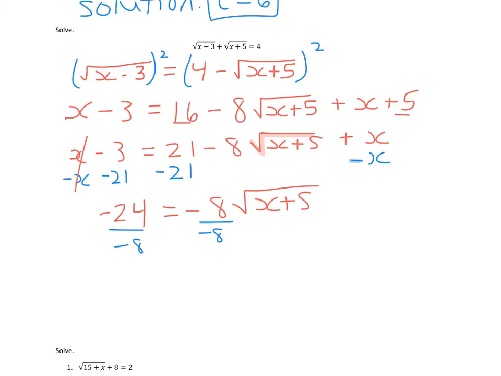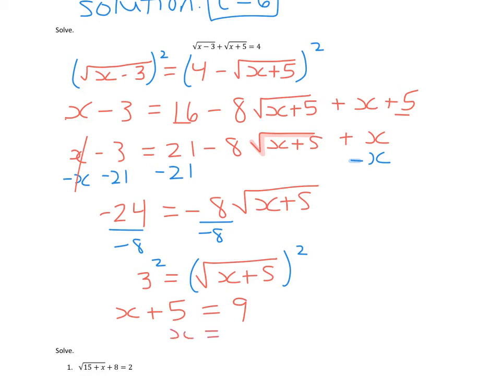And so we're dealing with positive 3 is equal to the square root of x plus 5. Whew. All right. And now we isolated that radical, so let's square both sides. And I'm going to flip sides too. I like to get the x on the left. So now x plus 5 is equal to 9. Subtract that 5. X equals 4.